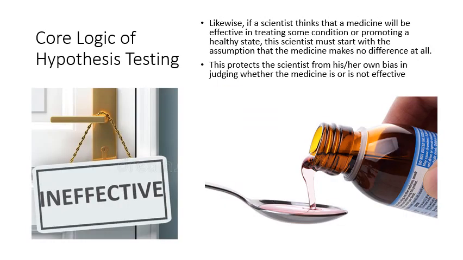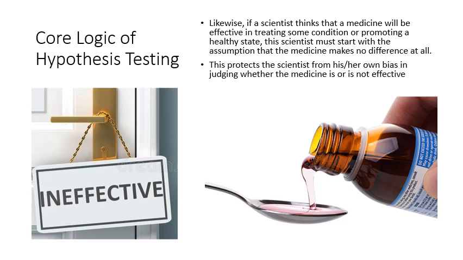So likewise, if a scientist thinks that a medicine will be effective in treating some condition or making people healthier, the scientist has to start with the assumption that the medicine makes no difference at all. Just like in the legal system, we assume that the person is innocent, so does the scientist assume that the medicine is ineffective. That protects the scientist from his or her own bias in judging whether or not it is effective.